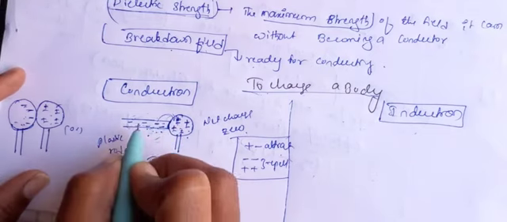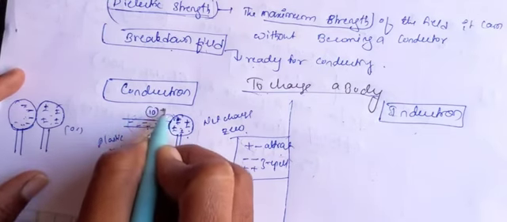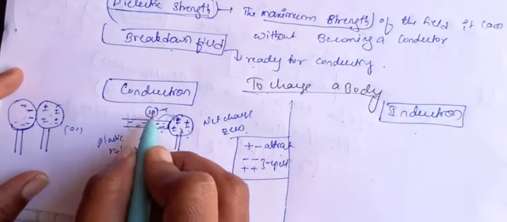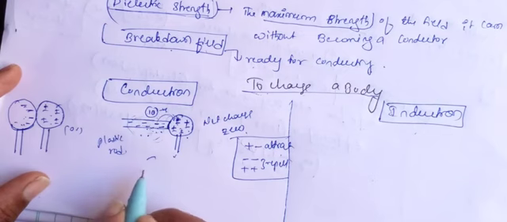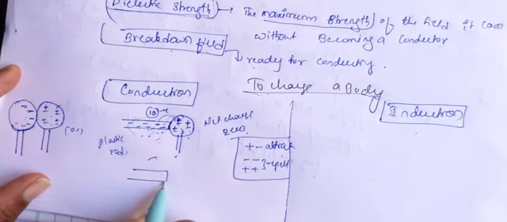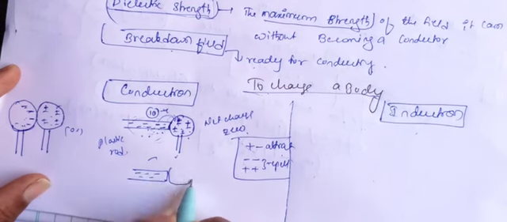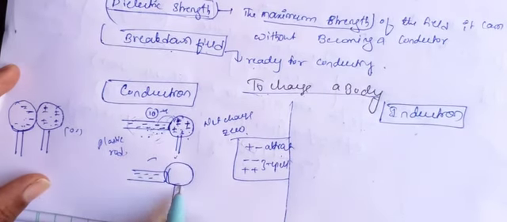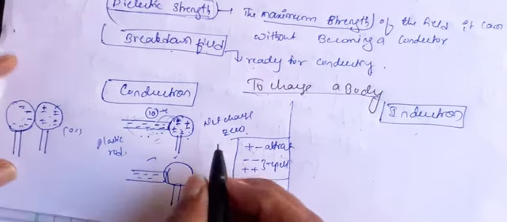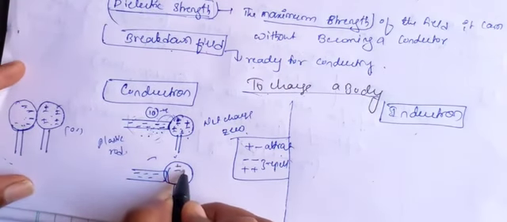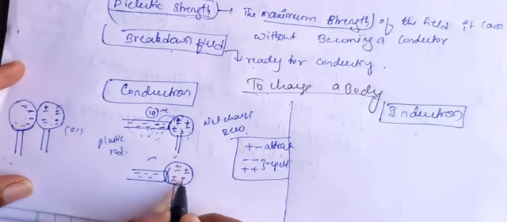Okay, so let us consider 10 negative charges are there. Let us consider this is a rod, so here 1 2 3 4 5, positive negative positive negative positive negative positive negative.